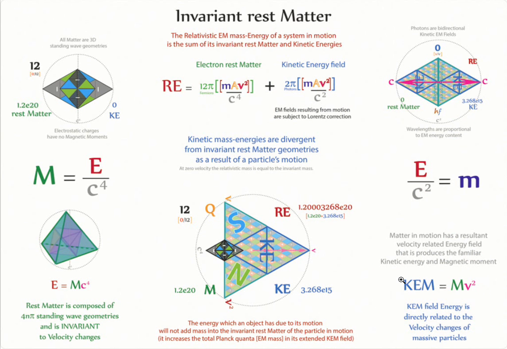As we've discussed, rest mass matter, or mass energy matter, is invariant. It's formed of a standing wave geometry of tetrionic particles of matter, and we measure it in spherical coordinate systems. So in the case of matter, it's the standing wave energy content per spherical coordinate system.